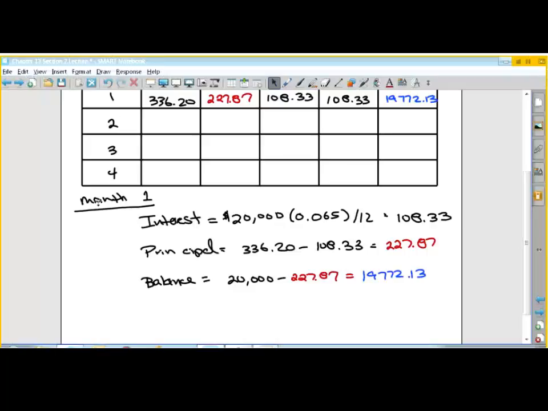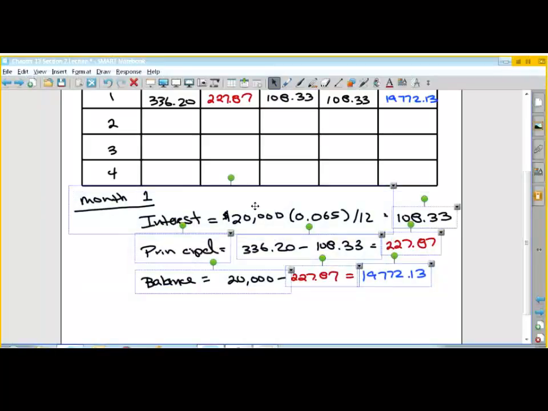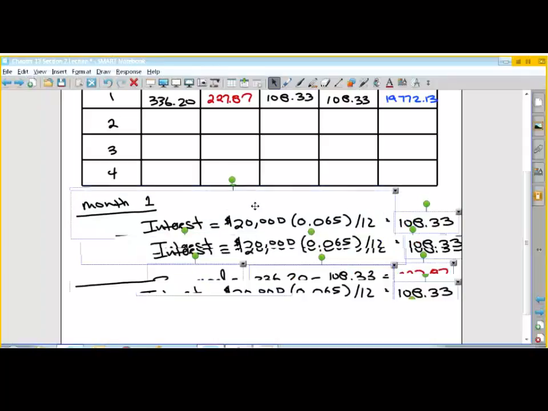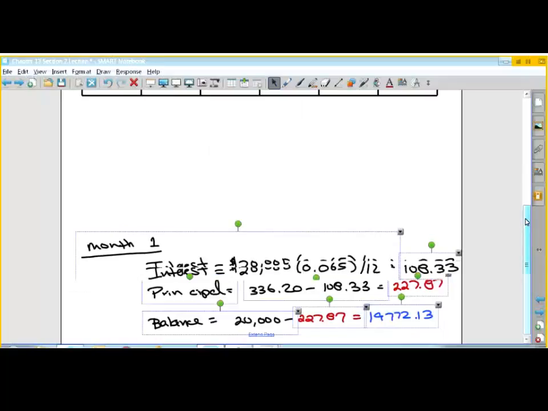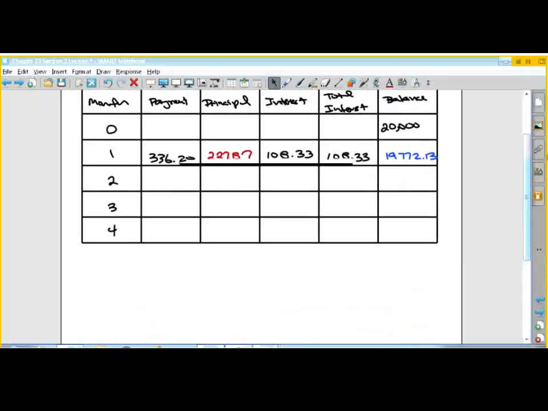So I'm going to move this month 1 down so I can keep everything in view. Okay, so now we go to month 2. So again, you start off with the interest. Again, you use the new balance of $19,772.13.